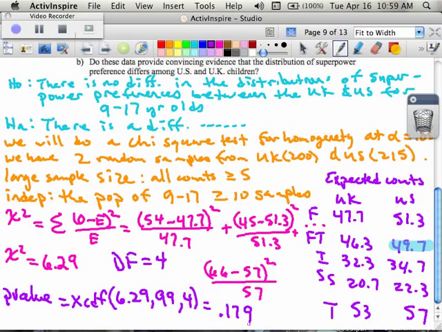No. That is, we don't have convincing evidence that there is a difference in superpower preferences between the United States and the UK children ages 9 to 17.